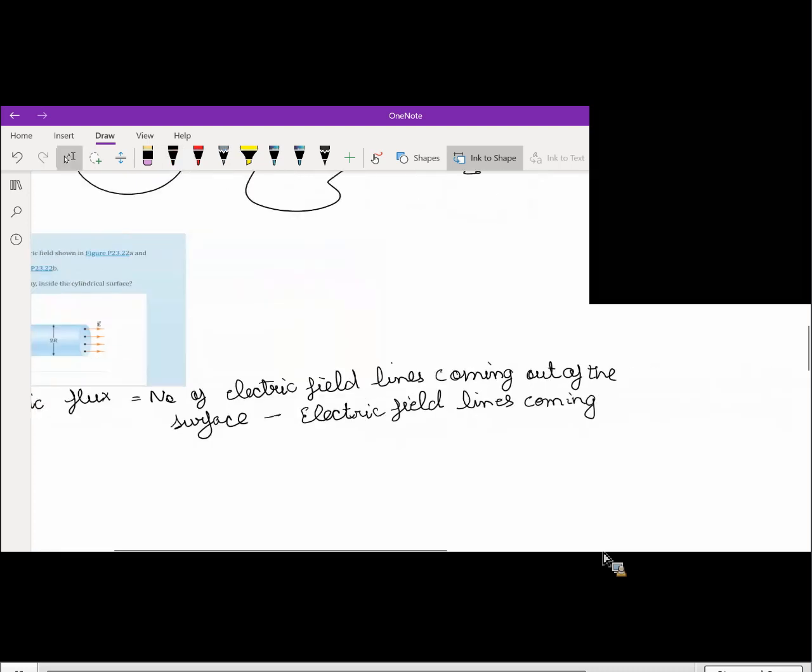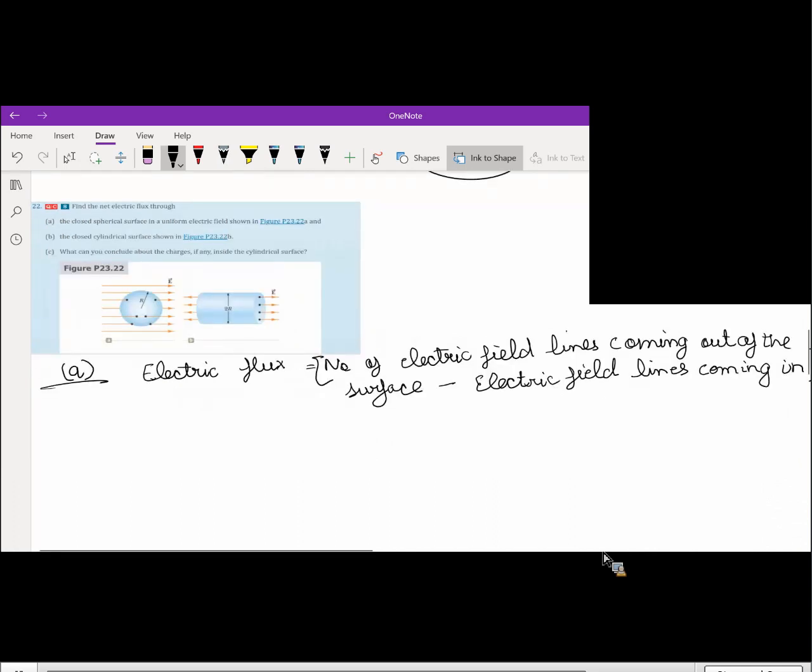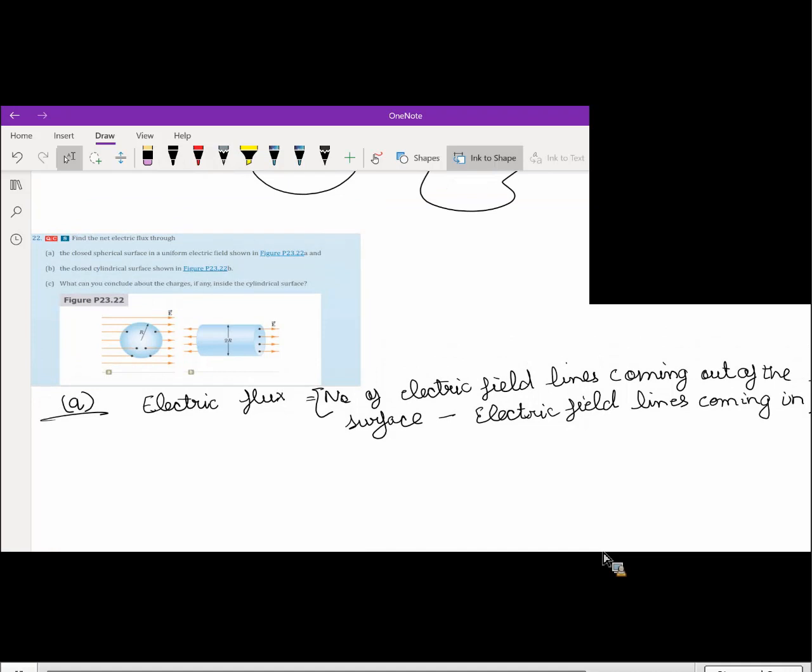Okay, I gave you what is electric flux. This is electric flux: the number of electric field lines coming out of the surface subtracted by the electric field lines coming in. So how many of you think in figure A that electric flux is 0?